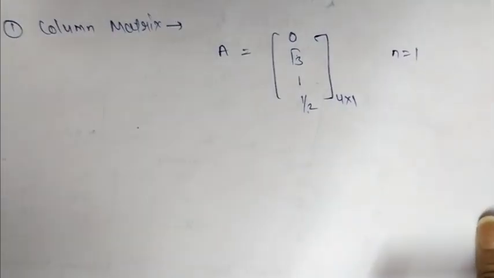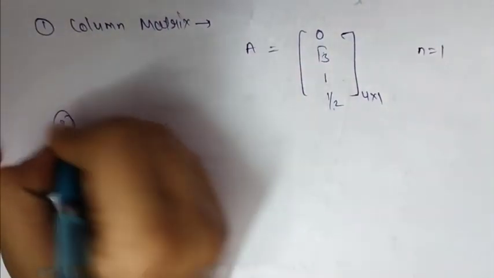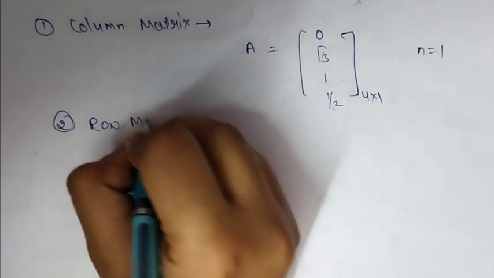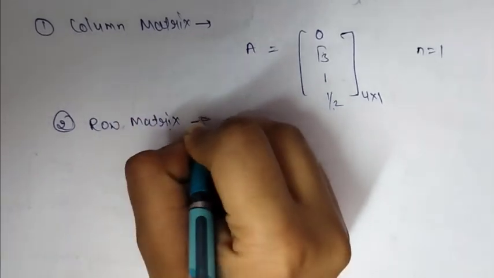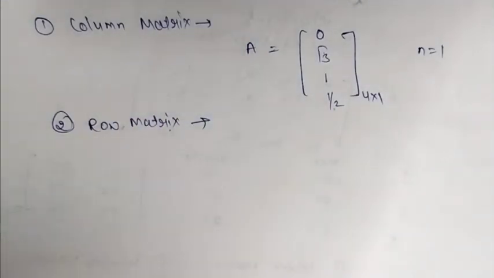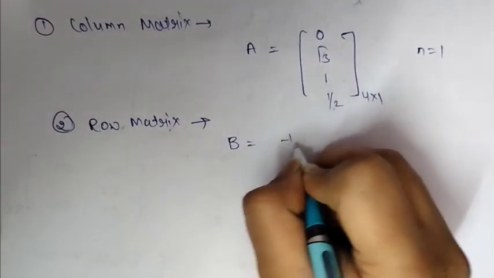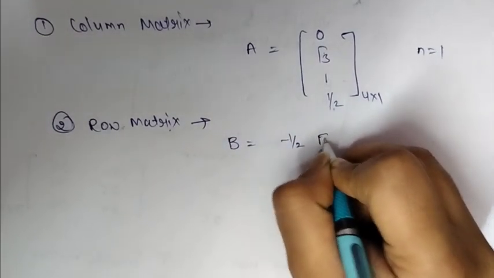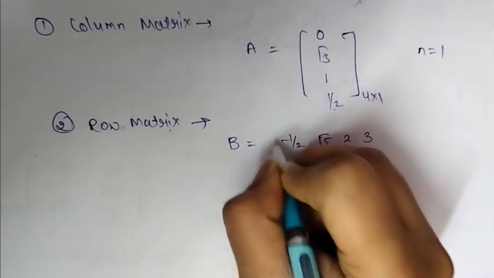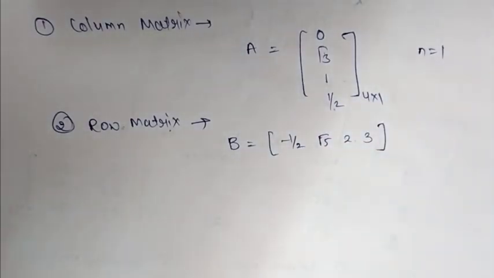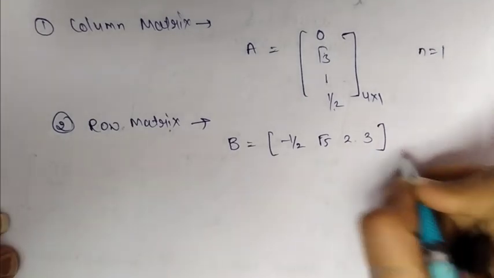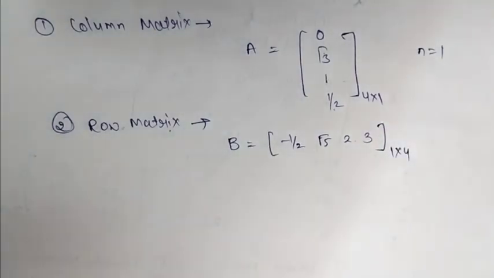Now we have our second matrix, that is row matrix. As the name suggests, if a matrix has only one row, then we can say this is a row matrix. We take an example as minus 1 by 2, root 5, 2 and 3. Here we have only one row, so we can say this is a row matrix.